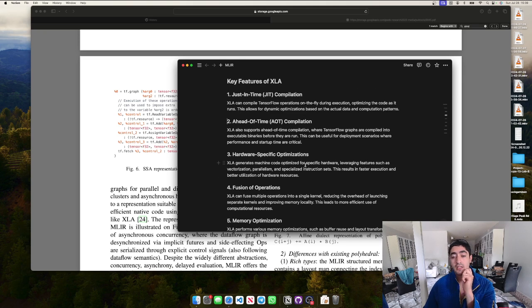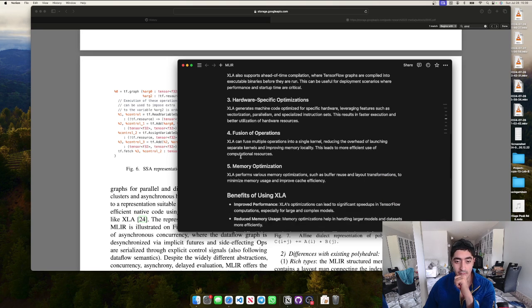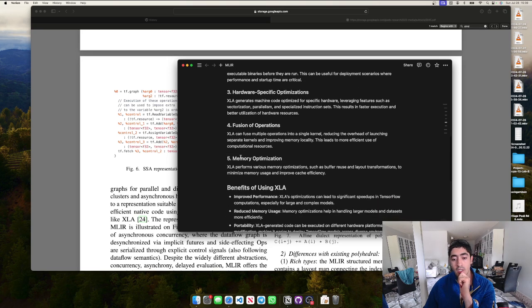Okay, so ahead of time and just in time, and then we move to hardware specific optimization. XLA generates machine code optimized for specific hardware, leveraging features such as vectorization, parallelism, and specialized instruction set.